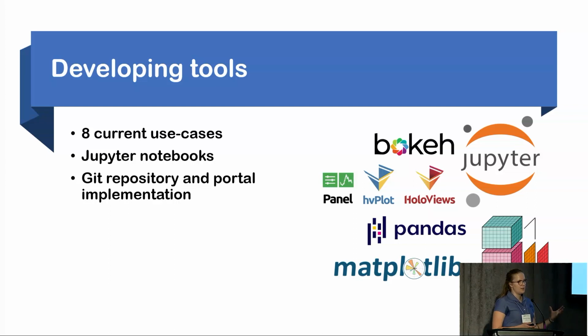And these have been implemented as Jupyter notebooks using the different Python libraries that you can see there. They are currently available in a Git repository, and we are looking towards creating a portal implementation for the YOPP Data Portal at Met Norway, where you will be able to go in on web pages and look at each of these use cases and be able to interact with these plots.